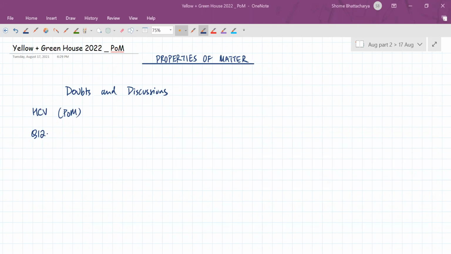The decrease in cross-sectional area of the wire, Young's modulus and Poisson's ratio is given to you. So you have to just use that concept.